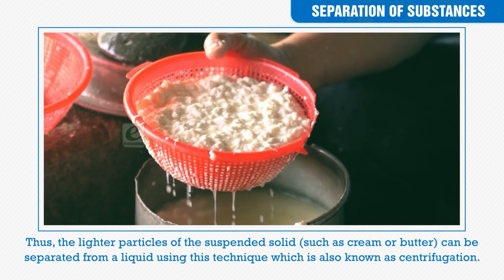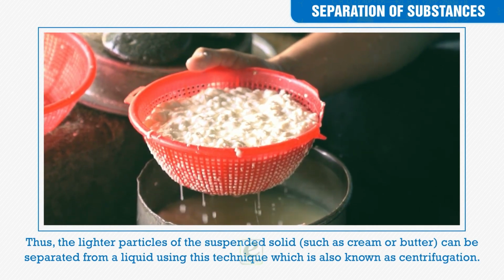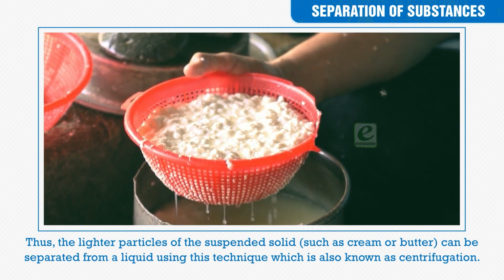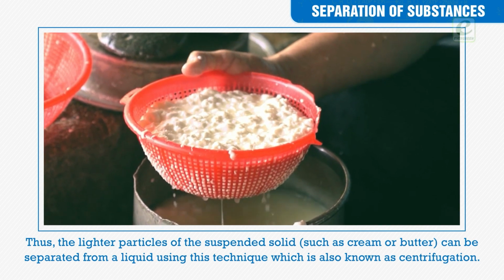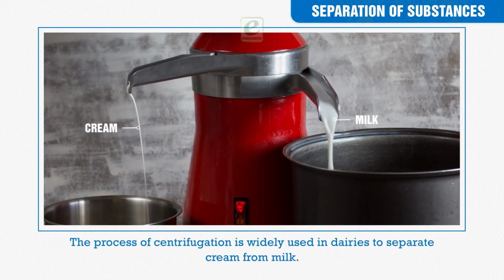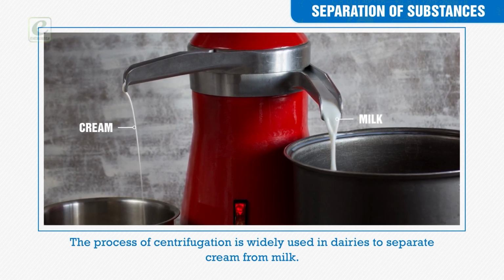Thus, the lighter particles of a suspended solid, such as cream or butter, can be separated from a liquid using this technique, which is also known as centrifugation. The process of centrifugation is widely used in dairies to separate cream from milk.